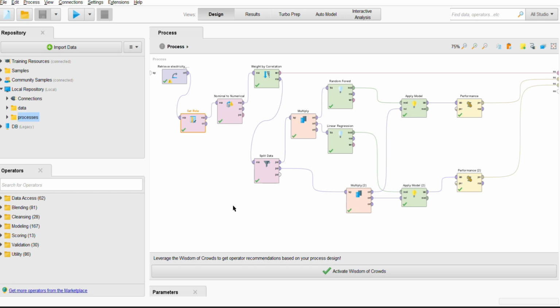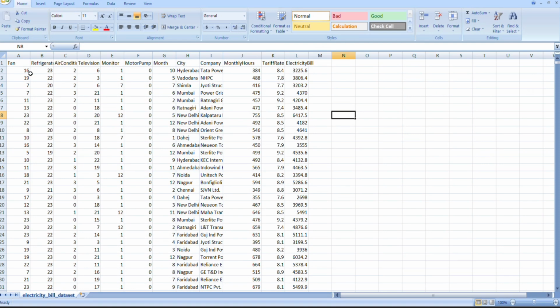As we know, electricity is the main source of power for our homes, and you can see we have different pipelines built to predict the model based on appliance use. We have a data set of fans, refrigerators, air conditioners, televisions and monitors.